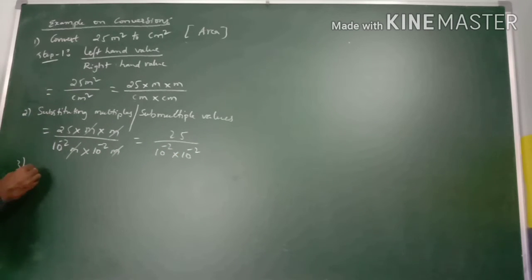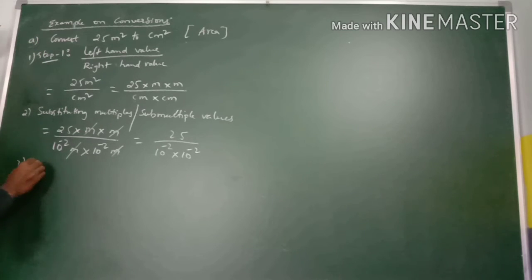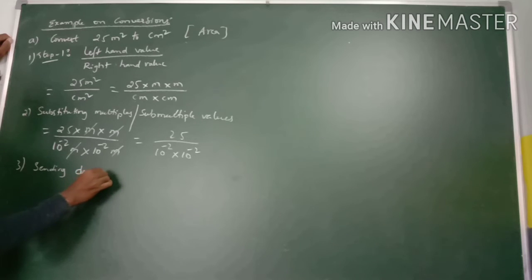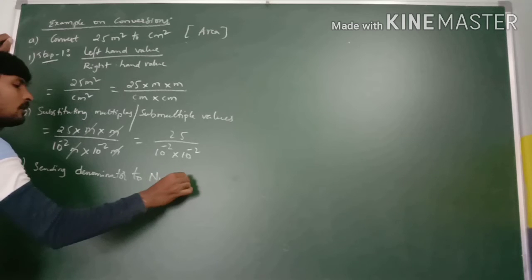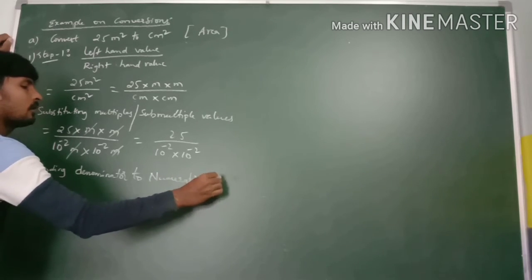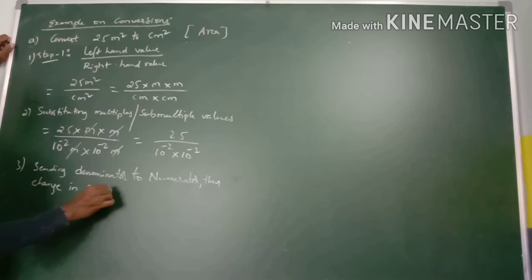What is the third step? Third step is sending the denominator to the numerator, then changing the power values.